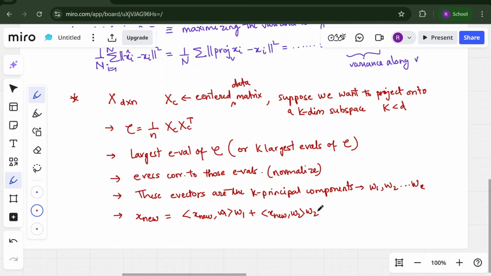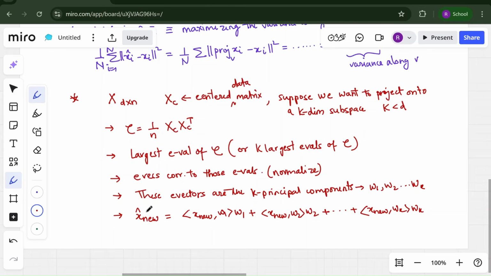I hope you all understand that this is actually the projection onto the span of w1, w2 up to wk. Plus and so on up to x new inner product with wk times wk. This is the reconstruction of x new, x new hat.